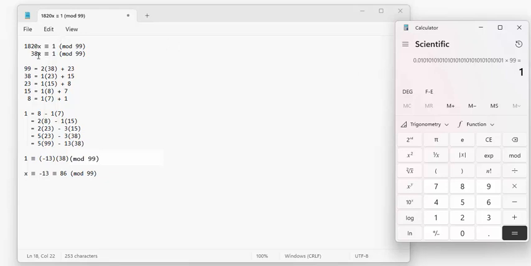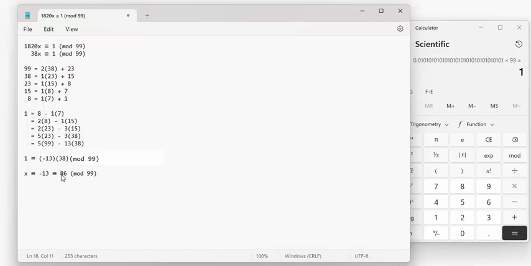So the inverse is correct. We can even replace into the original unmodified congruence. 1820 multiplied by 86, divide by 99, subtract 1581. Of course, multiply back with 99, you will get a 1. So 86 is correct.